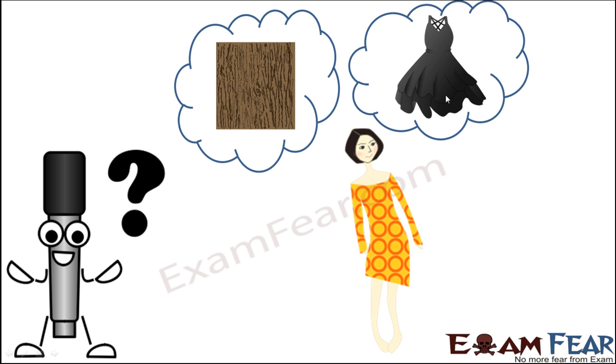Why is your dress not made up of wood? Why can't you get a beautiful dress stitched with wood instead of cloth? Can you do that? No. So why did you select a particular cloth in order to get a dress for yourself, and why not wood? How do you decide which material will be used to make a particular object?